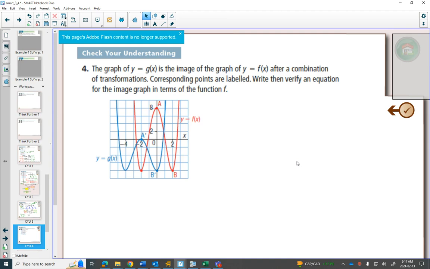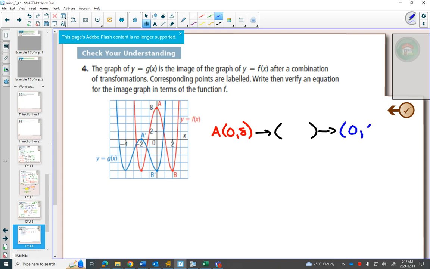So we know that if we started with point A on the red graph, which is at 0, 8, transformations could have happened, and we end up with 0, 0, which is A prime on the blue graph. And similarly, we have the point B, which is at 2, -8.